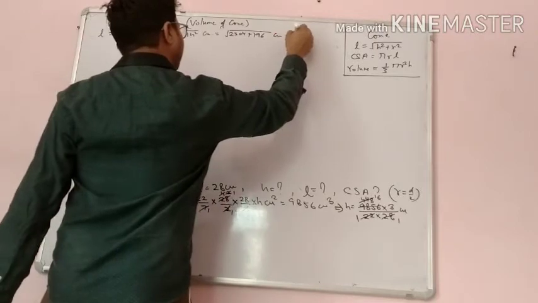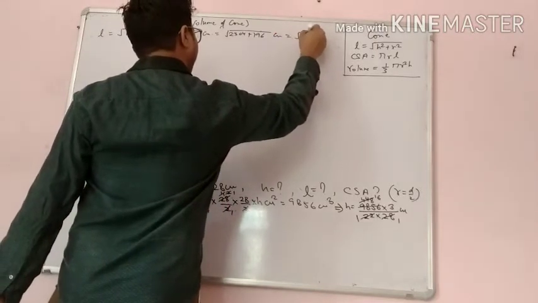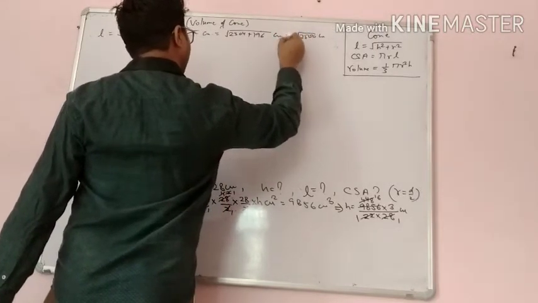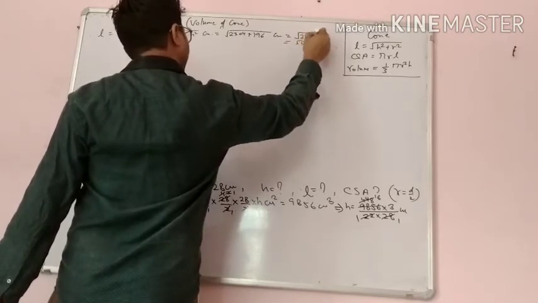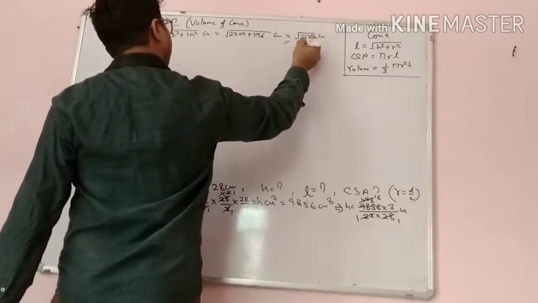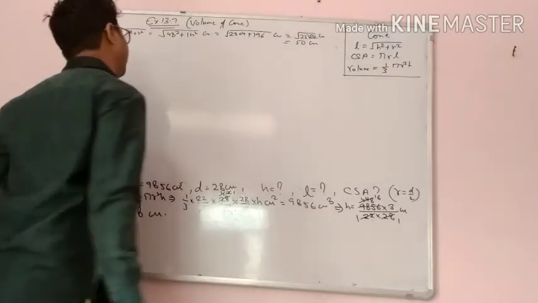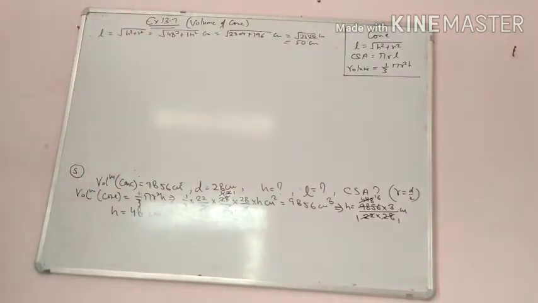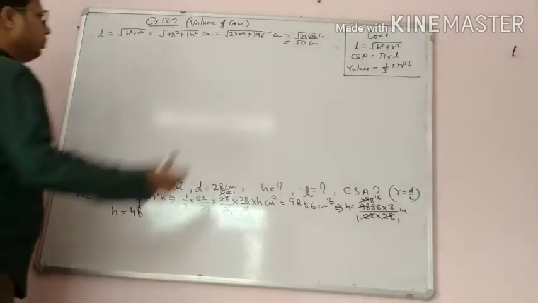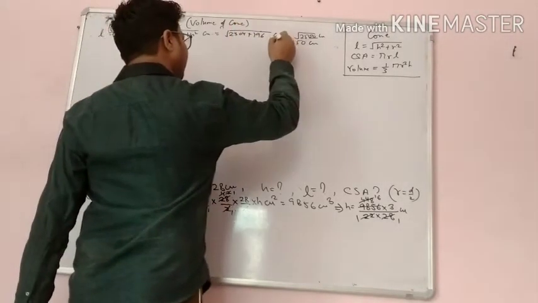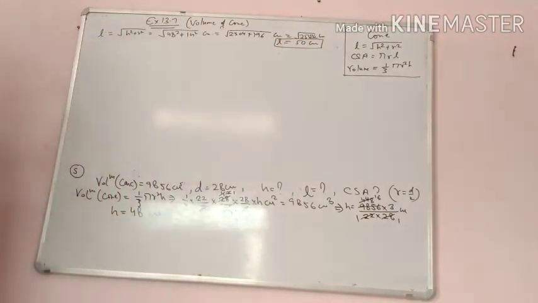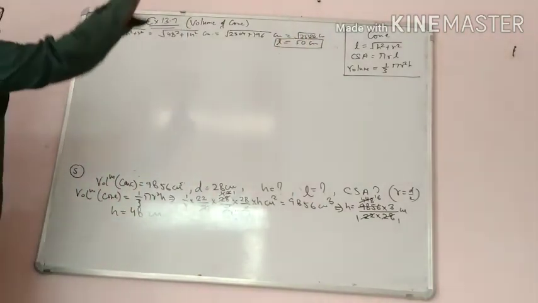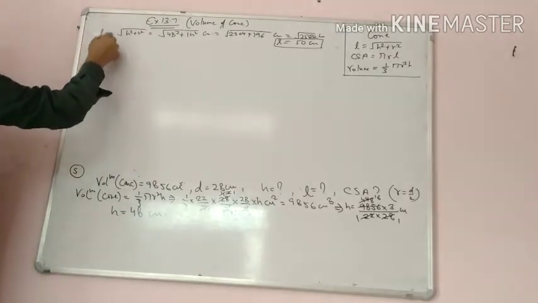It is equal to square root of 2500 centimeter. If you take the square root of 2500, it is 50 centimeter. Because for one pair of 0, 0 will come, so square root of 25, 5 will come. Very easy it is. Second thing we also found out, l is equal to 50 centimeter.